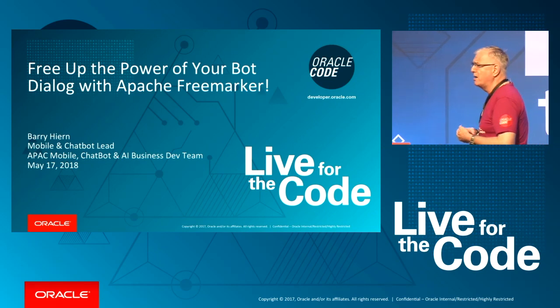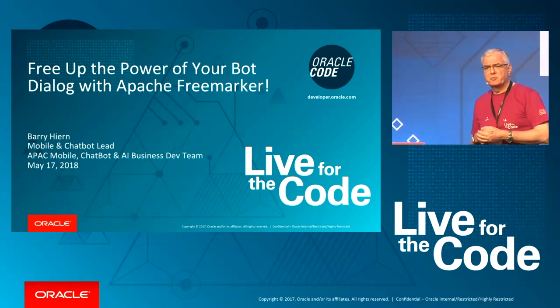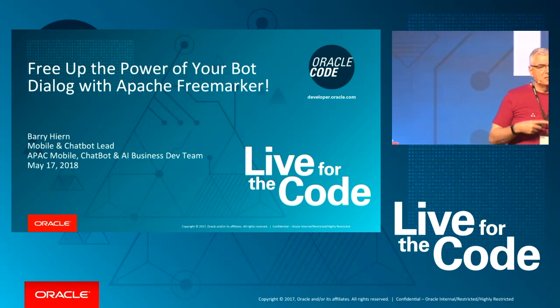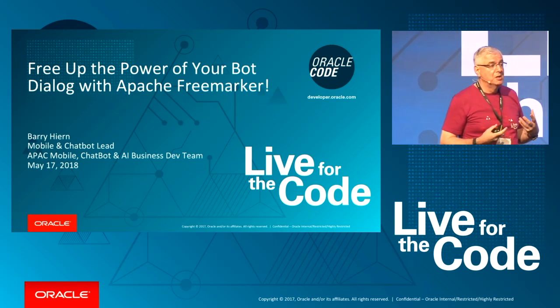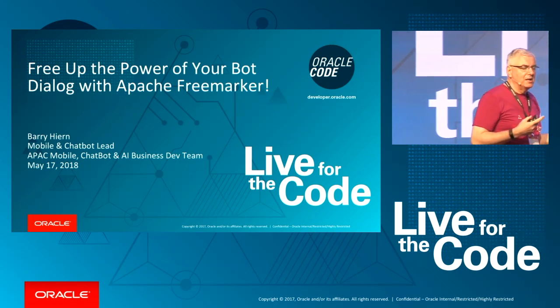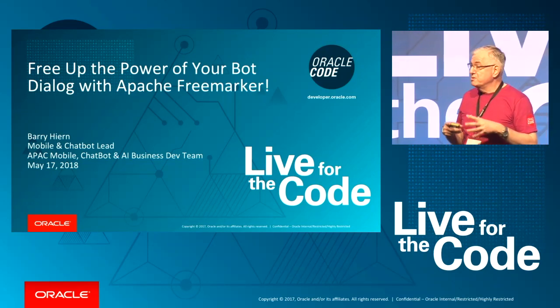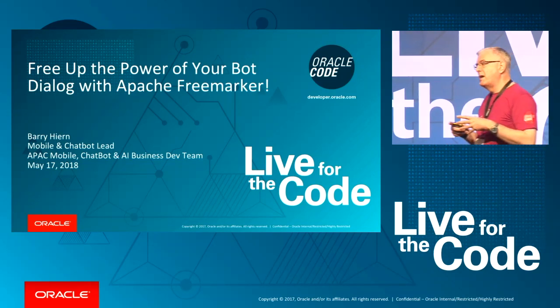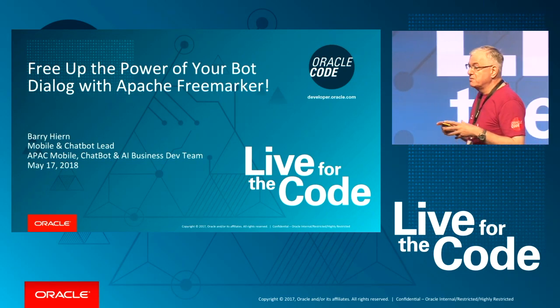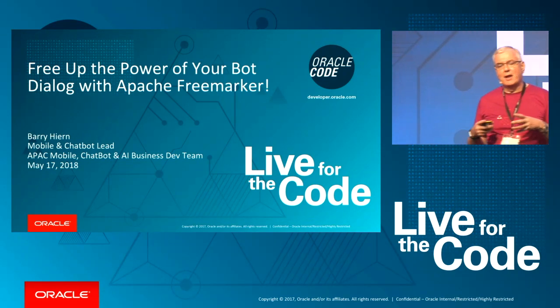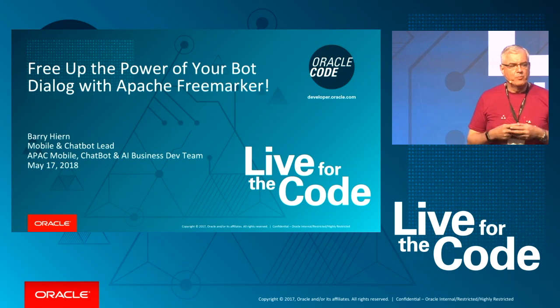Now, if you'd seen Martin's session just before lunch, that was looking at some of the design constraints. What we're going to look at today is some of the structures that Oracle uses to build bots, and then how we can use Apache's Freemarker template language to actually extend that.